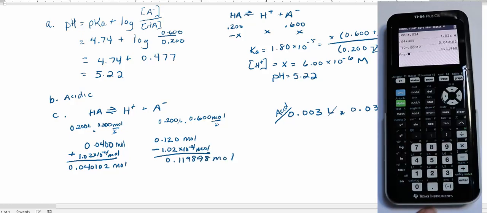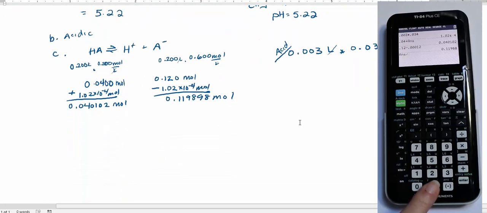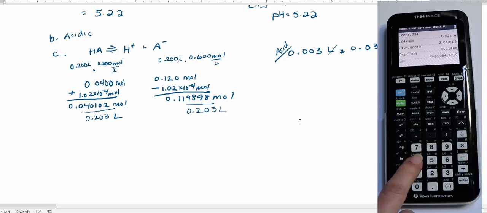Now I need to calculate my new concentrations. So now my total volume is 203 milliliters, if I'm not mistaken. We had 200 milliliters of our buffer, and we had 3 milliliters of acid, so 203 milliliters. So I need to divide both of these by 0.203 liters in order to get my new concentrations.